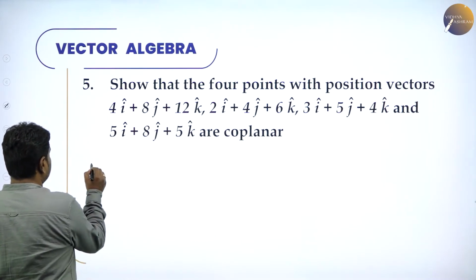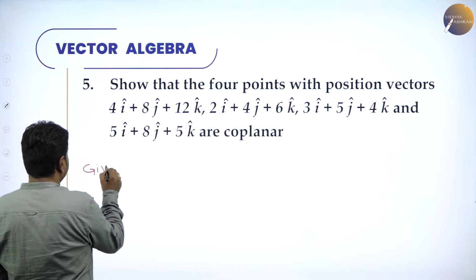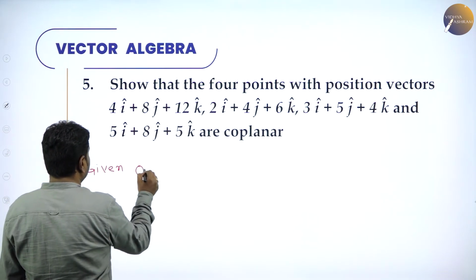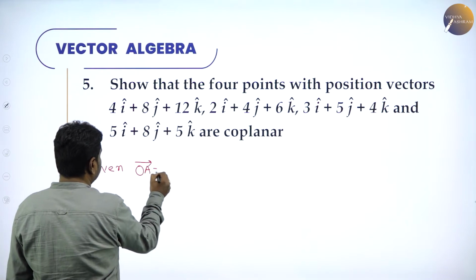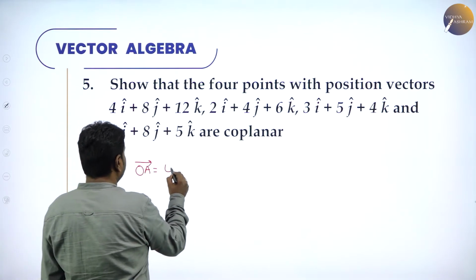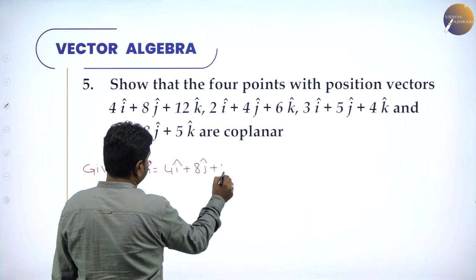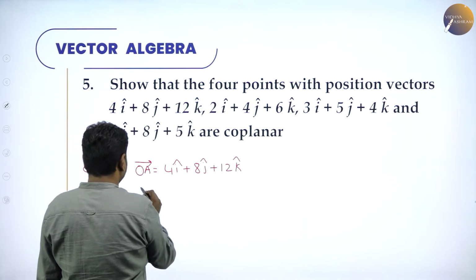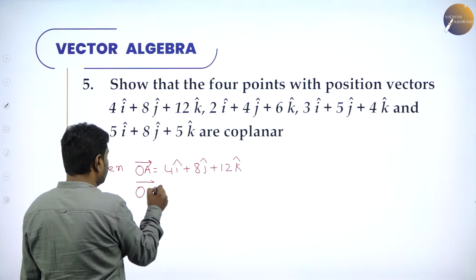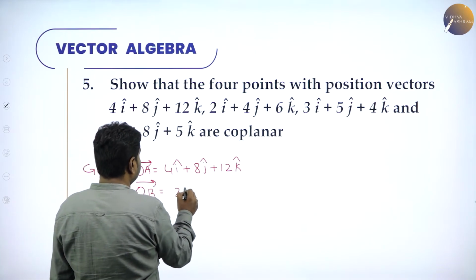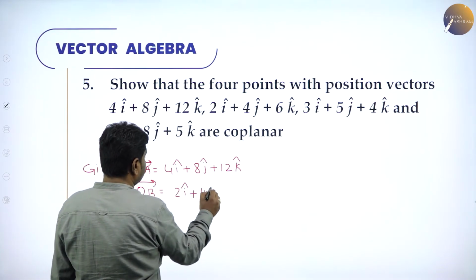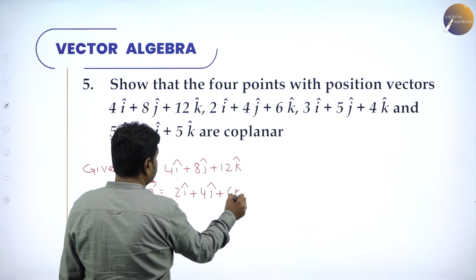So first write what is given. They have given vector OA, position vector of point A. OA is 4i cap, 8j cap, 12k cap. And OB, position vector of second point, is 2i cap plus 4j cap plus 6k cap.